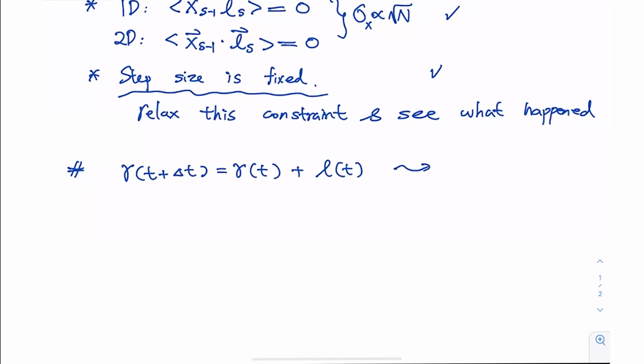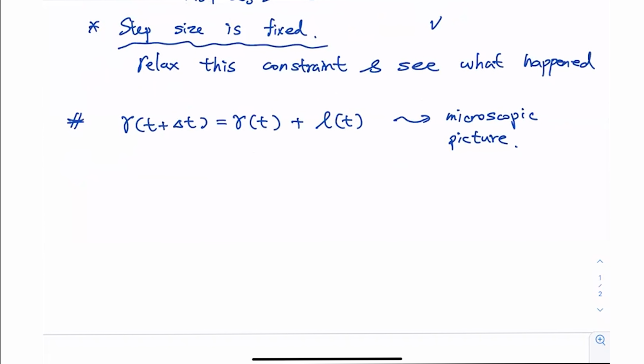Okay, so this is the microscopic picture. Okay, so this r is basically the position of our particle at the time t plus t.